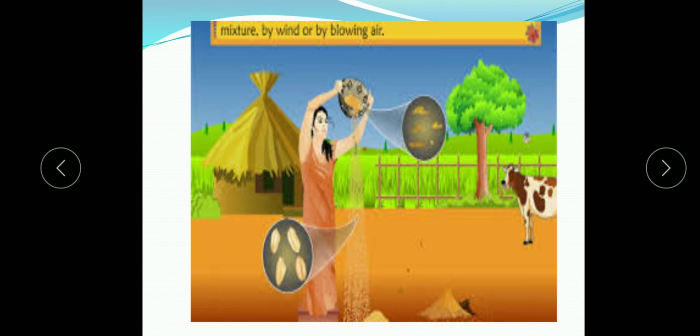Okay, you must have seen in the farming fields in the rural areas where the persons are using this winnowing process for the separation of rice from the husk. So with the blowing wind, the lighter component will be taken away and the heavier component will be settling just below the person who is applying the process of winnowing. Okay, so this is how the heavy and the light component is separated.